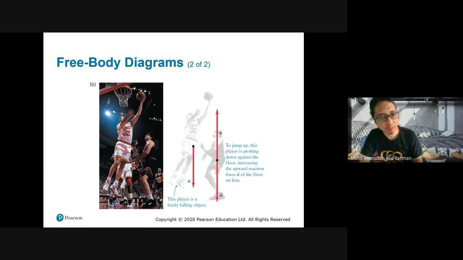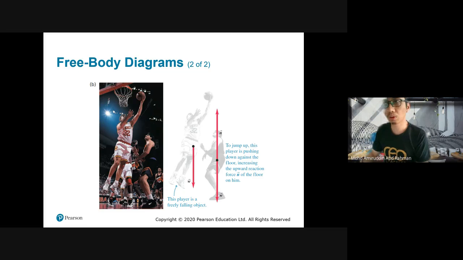But the other guy is going to start to jump, so he can push his feet in order to make a normal force upward to counter the weight force, which is the gravitational force. All right, so that's it for Newton's laws of motion.